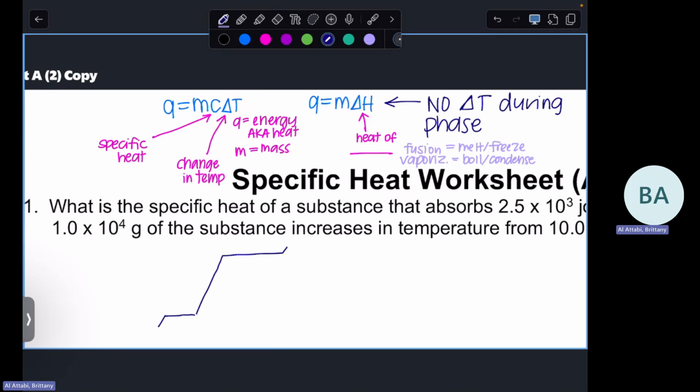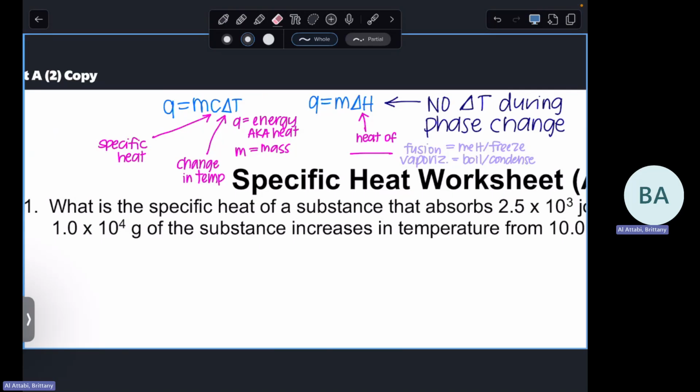There is no temperature change during your phase change. So even if you're given a temperature in a question, don't you dare use it. Because I can be given a temperature when I'm talking about what ice melts at, 0 degrees. That 0 is not actually helpful if I'm asking how much energy it takes to melt the ice, because I'm not changing temperature. It's all happening at 0.